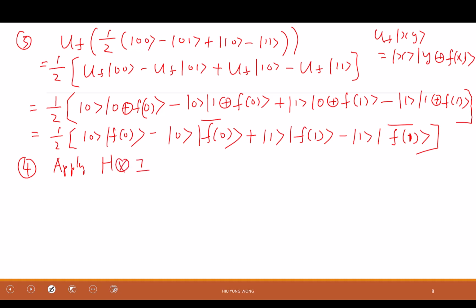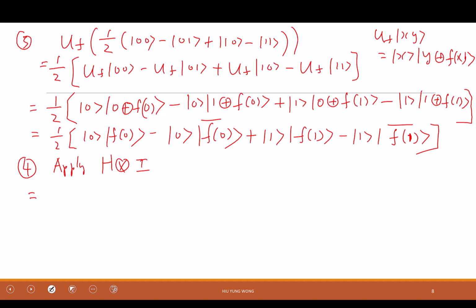That's what you did in the midterm, right? I only want to apply the Hadamard gate to the first qubit. I cannot just apply the Hadamard to the first qubit for the whole matrix. So that's why I add this one, okay? So let's do that, right? So apply the Hadamard gate, then it means that I'm going to apply the whole thing to here.